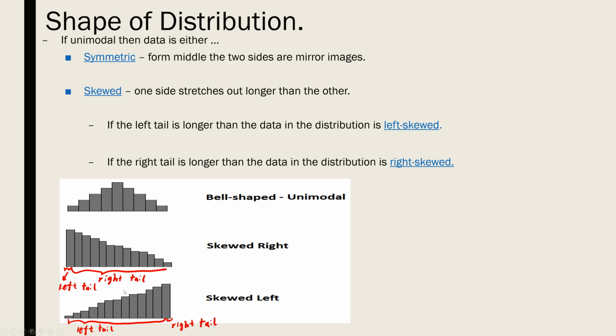Because the right tail is longer than the left tail, we call this one skewed right. Because the left tail in this plot is longer than the right tail here, we call this distribution skewed left.